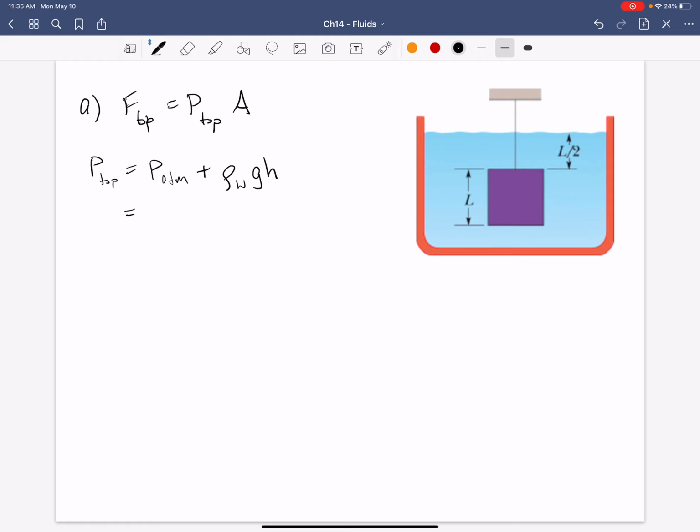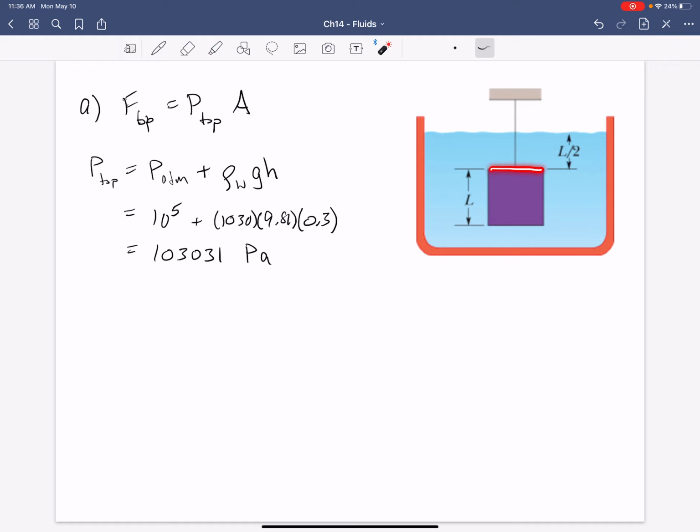So this turns out to be, using SI units now, 100,000 pascals plus the density of water, which I said was 1030, times g times the depth, which was L over 2, and L was 0.6. So this gives us 0.3. And so here we have roughly 103,031. Units are pascals.